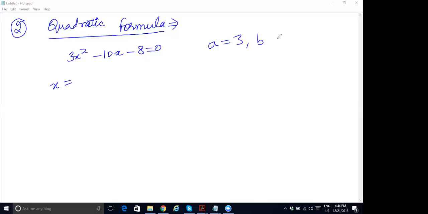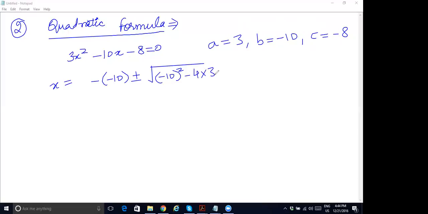by 6. So 10 plus minus root over 100 plus 96, 10 plus minus root over 196, 14.